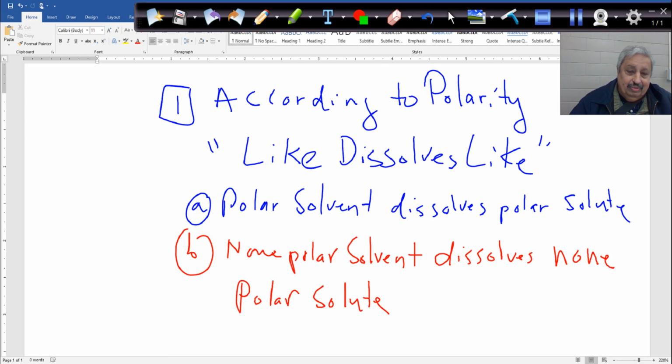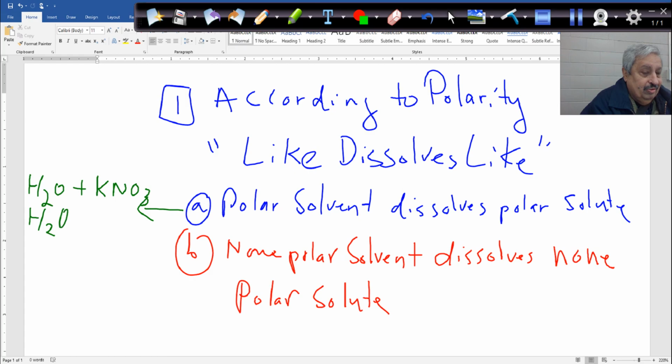And we had an example of this here. Let's take an example of both. The polar solvent, like you will see in the lab today, will have H2O, two things here. H2O with the potassium nitrate, that's fertilizer, correct? And H2O with potassium permanganate, correct?